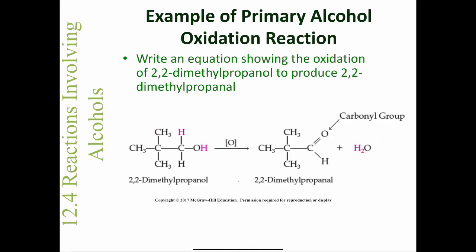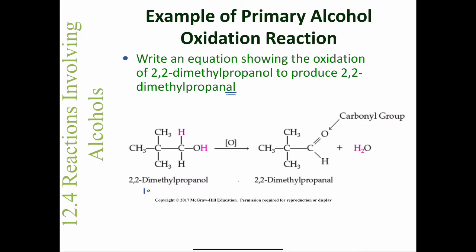And so if you are faced with a question like this, that says write an equation showing the oxidation of 2,2-dimethylpropanol to produce 2,2-dimethylpropanal. When you see the suffix al, this means you're making an aldehyde. So you can see that 2,2-dimethylpropanol is what kind of alcohol?